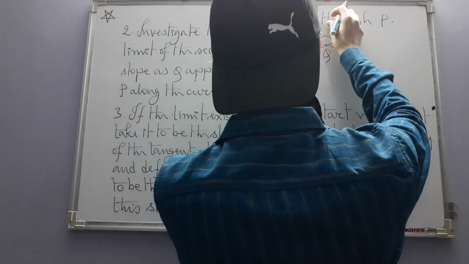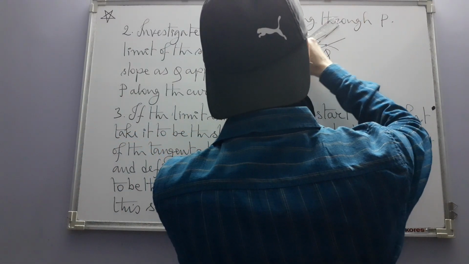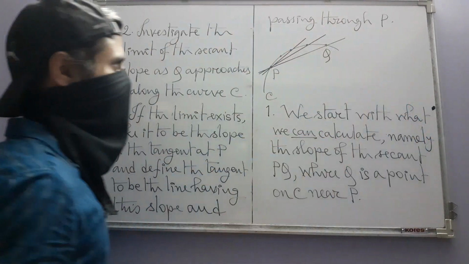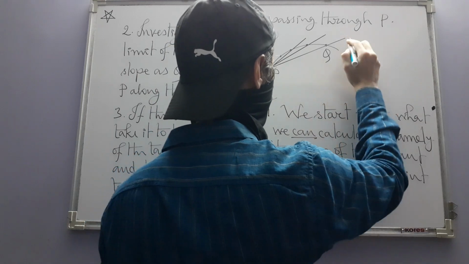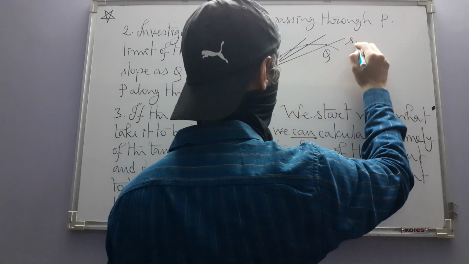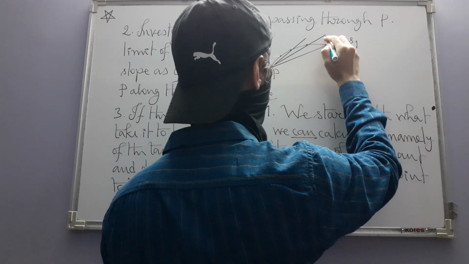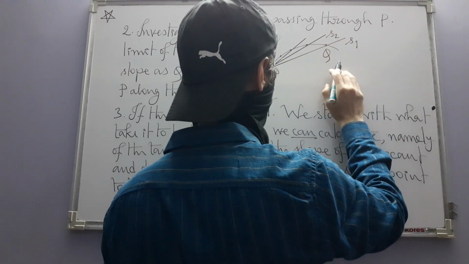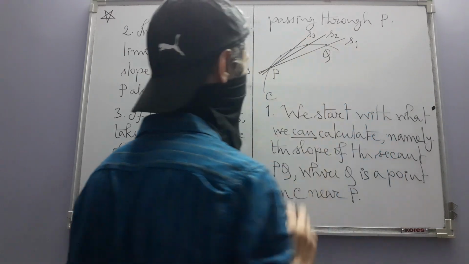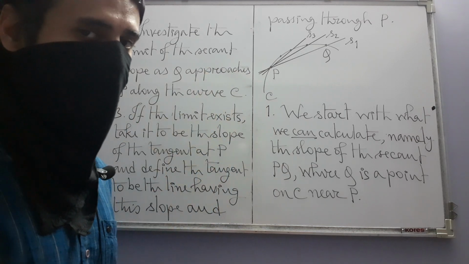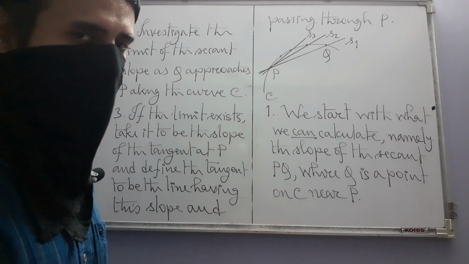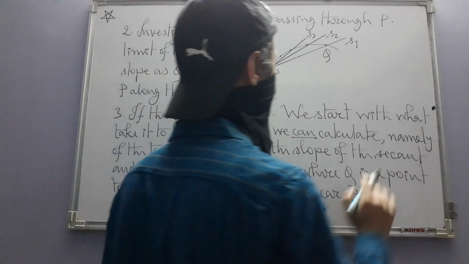So you get many slopes. Say the slope of this secant is S1, and this is S2, this is S3. So you get a sequence of slopes. Actually, I should not use the word sequence, but I'm just simply saying.